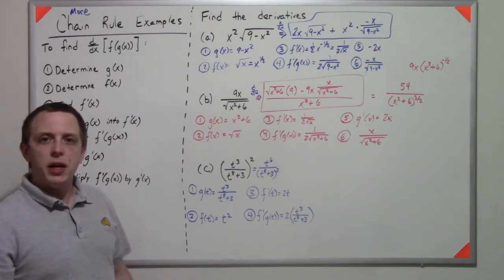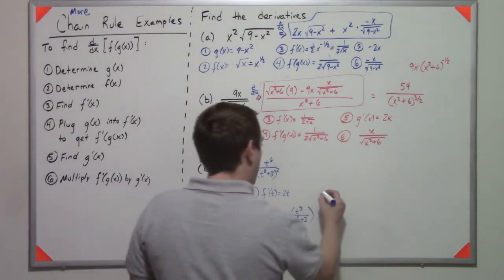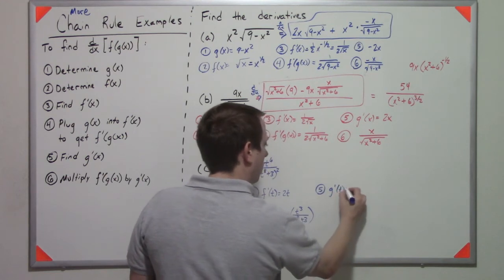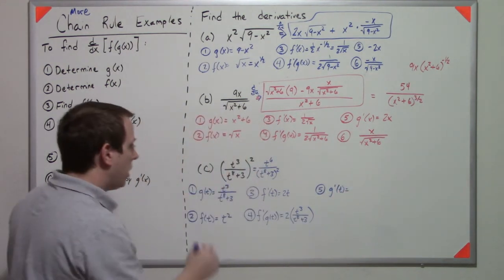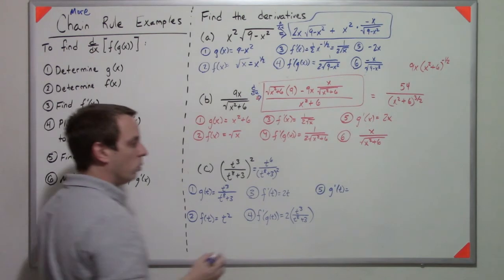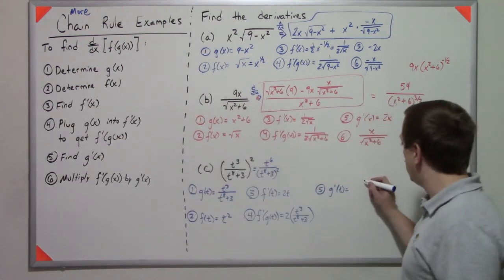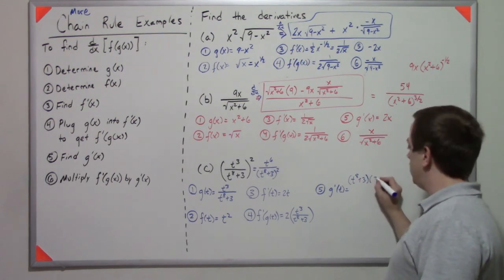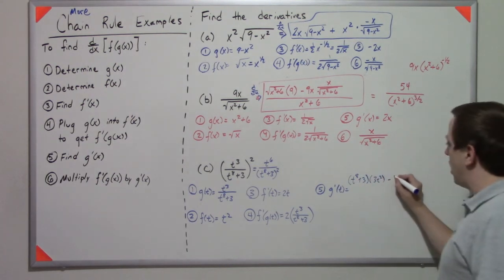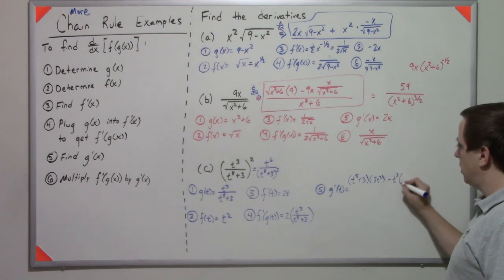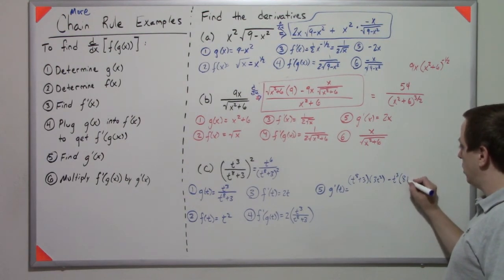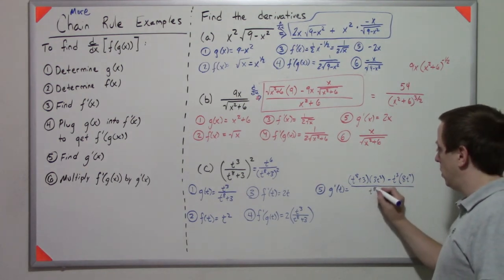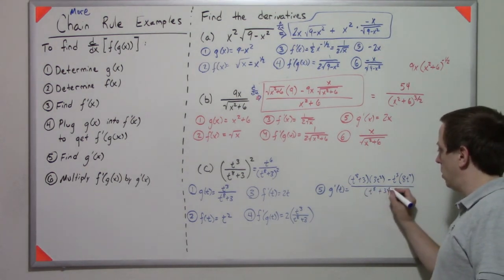Now I have to find g prime of t. So that one's going to be a little trickier. To find g prime of t, I'm going to have to do a quotient rule. So that's low d high minus high d low, all over low squared.